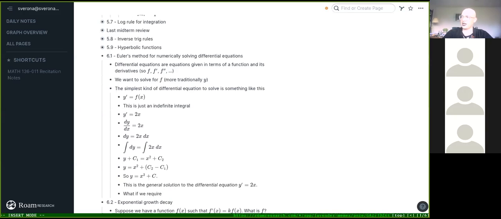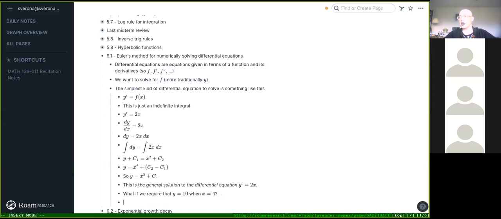So let's say I decree, let's say I want this equation to satisfy, I don't know, let me make up a number, y equals 10 when x equals 4.